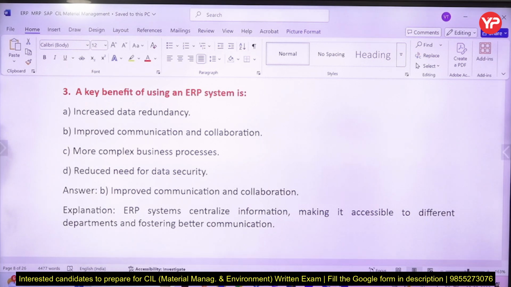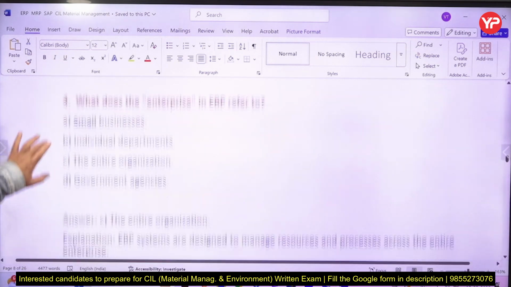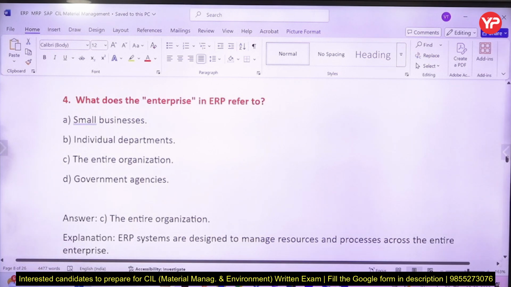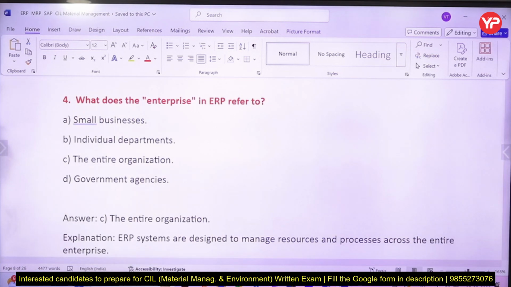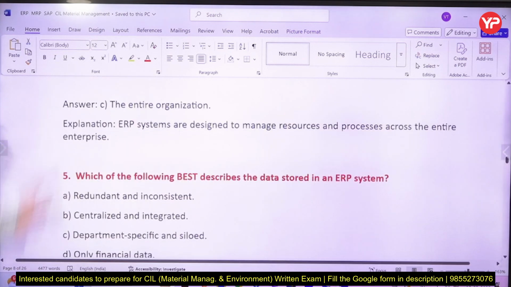That is the main purpose and objective of this. What does enterprise in ERP mean? Enterprise resource planning. Enterprise means organization, the entire organization consisting of a lot of departments.